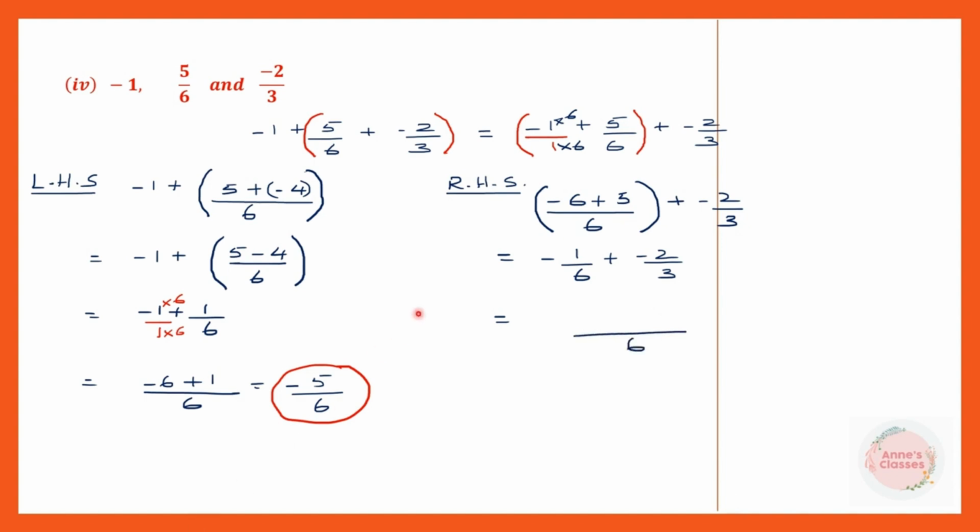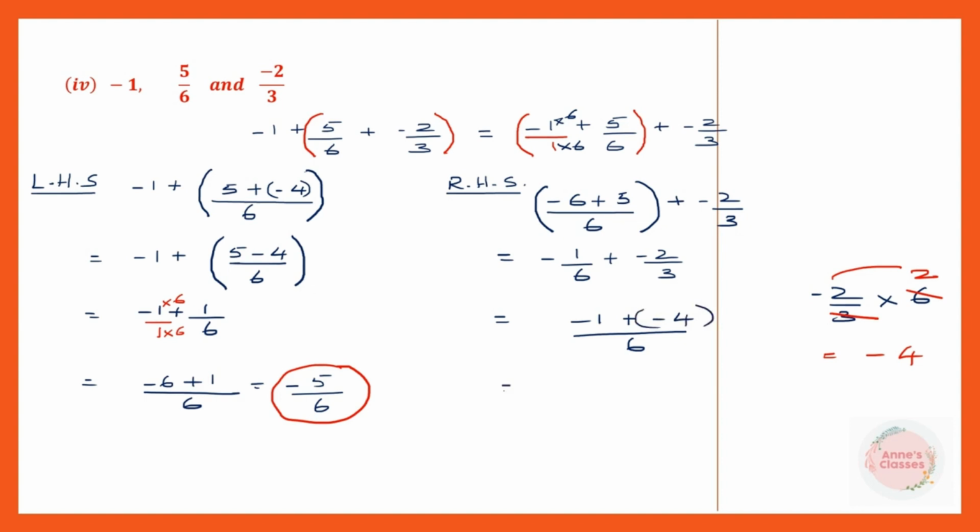Look at the first rational number, minus 1 by 6. The denominator is the same, so we write the same numerator, minus 1. Take the second rational number, that is minus 2 by 3. Multiply it by the LCM 6. Cancel 3 and 6. 3 2s are 6. Multiply these two. Minus 2 into 2 is minus 4. So we can write that here, minus 4.